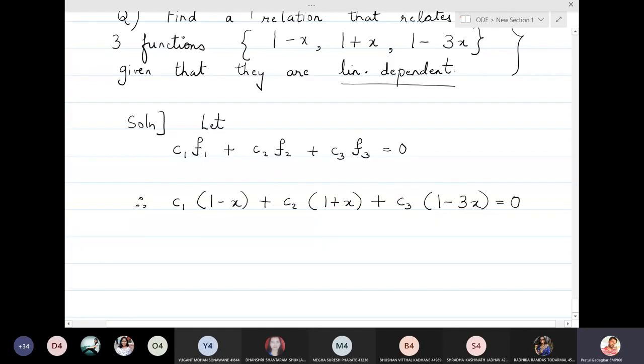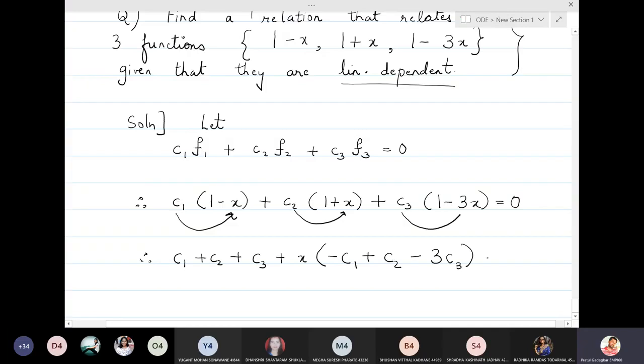So now let us simplify this. I will get C1 plus C2 plus C3, collecting all constants together, plus x times, if I pull out common, minus C1 plus C2 minus 3 C3, is equal to 0.